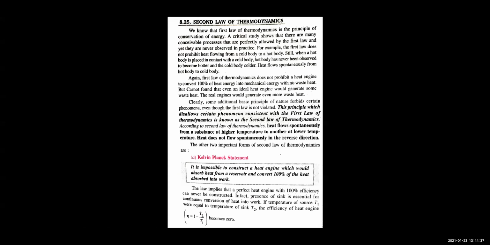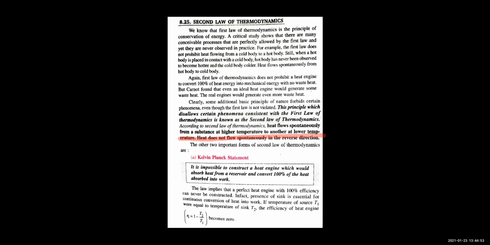So the second law of thermodynamics was given, which specified the direction of heat flow: heat flows spontaneously from a higher temperature body to a lower temperature body, right? The heat cannot flow in the reverse direction.